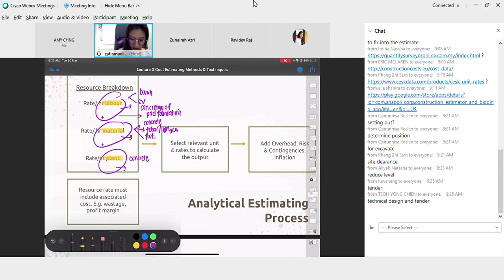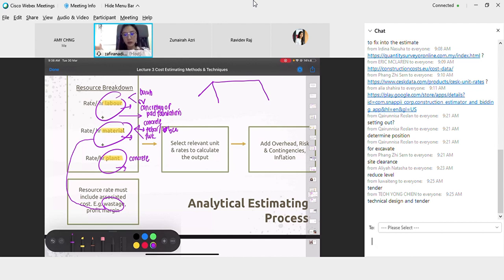Lepas tu, let's say for material, dia akan associated dengan wastage. Sebab ada certain material, contohnya if you want to buy steel truss untuk buat roof. Katakanlah you ada ancillary building, contohnya you nak buat a small hut for pondok guard.